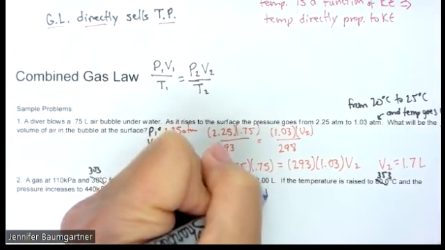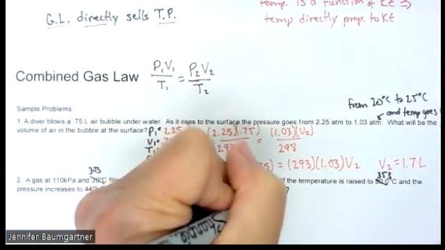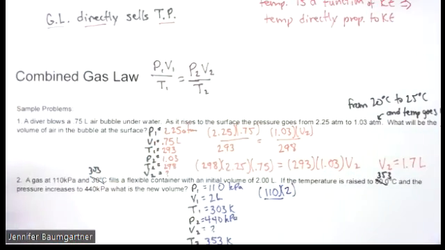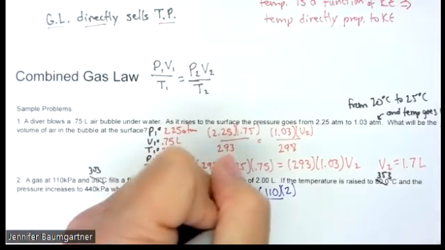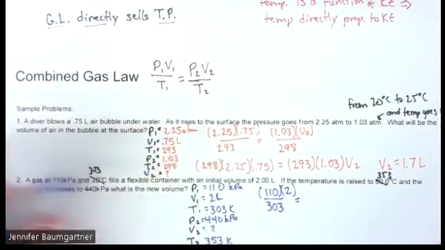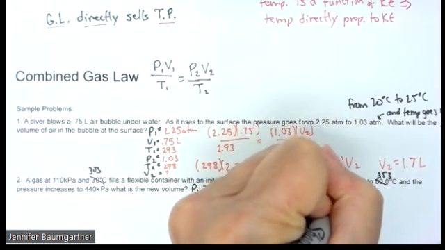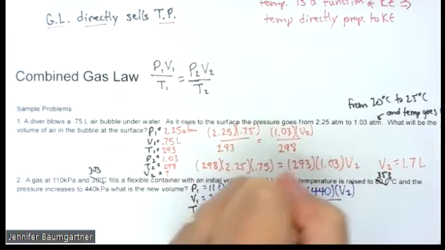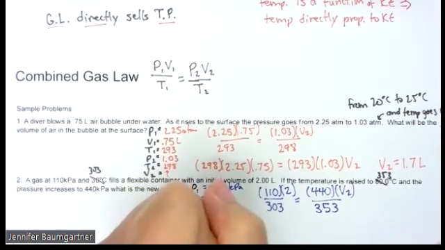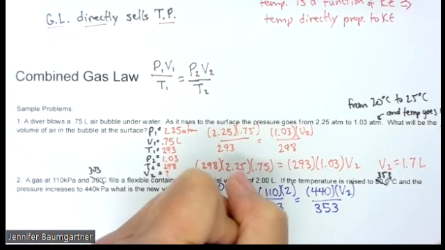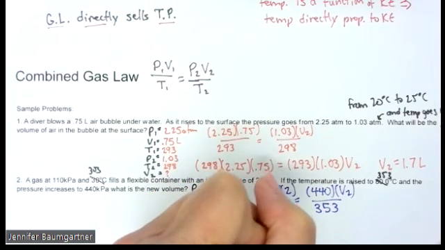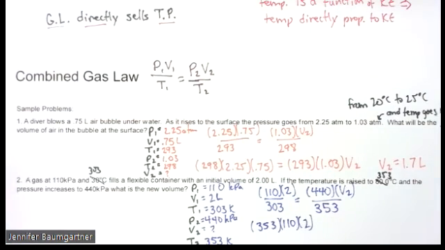So I'm going to have 110 times 2 divided by 303 equals 440 times V2 over 353. When I write this out long form, I'm going to have 353 times 110 times 2 on this side.